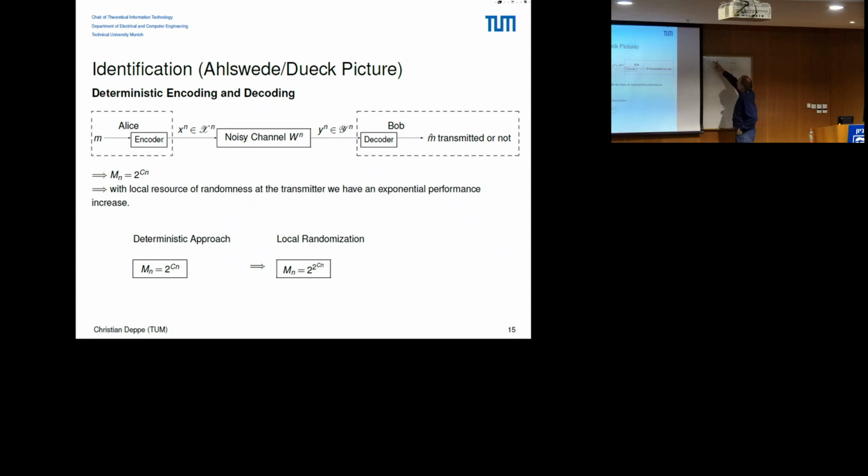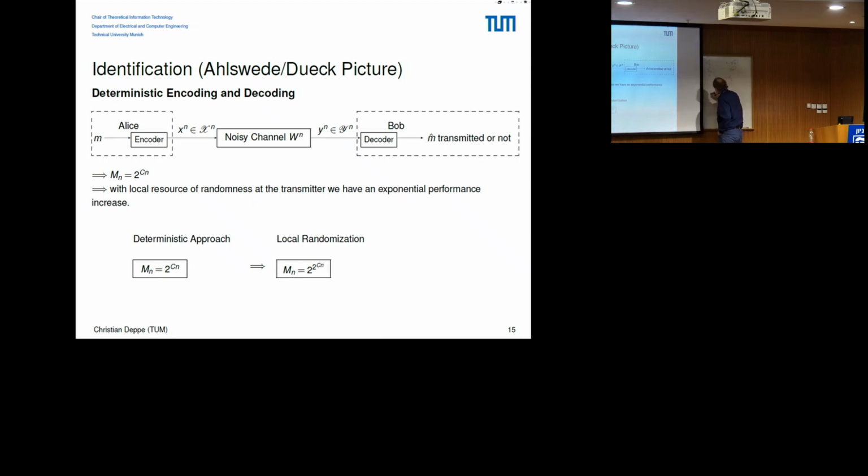We assume that this code achieves the capacity. And we consider maps T1 to TN from the set C1 to C2.